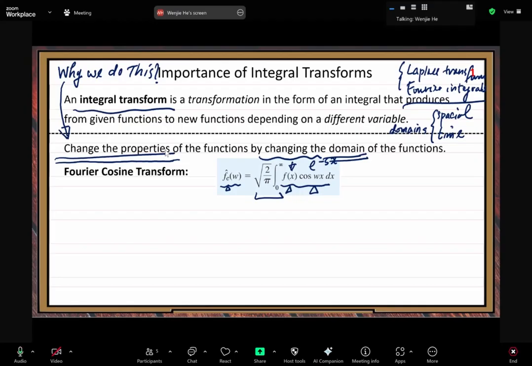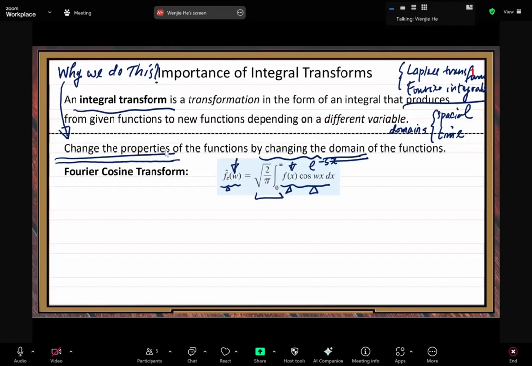Then, after you take the Fourier cosine transform on a function, there is an original, older domain. But after you take the transform, the domain for your w, this variable, is completely different. So you go to a completely different domain.